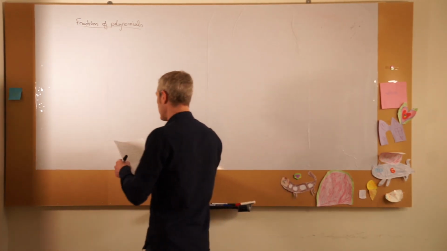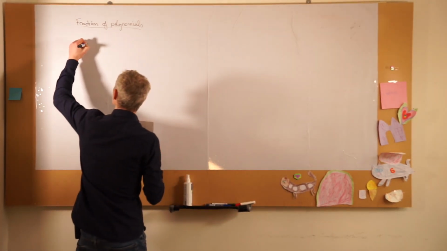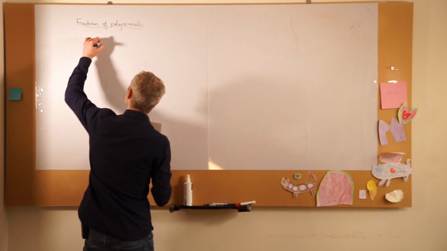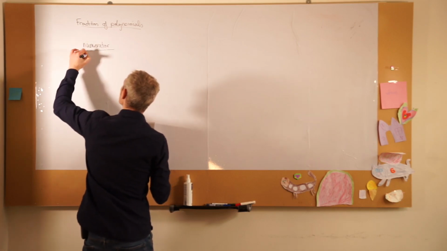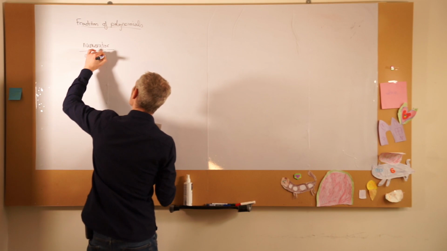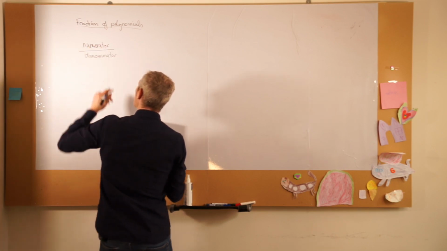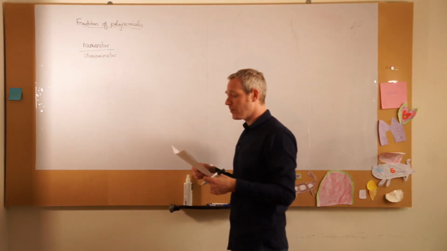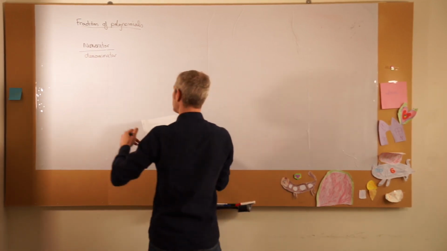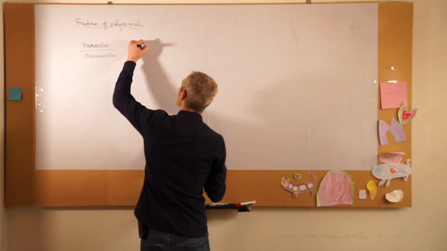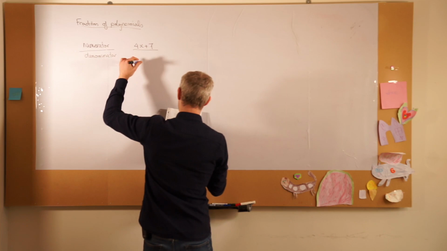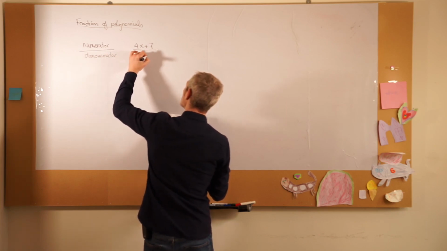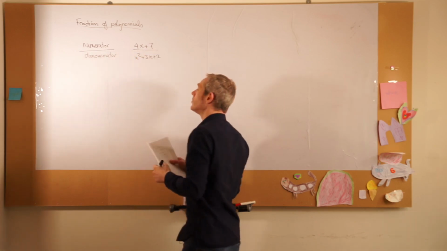So an algebraic fraction has a numerator and a denominator. And in our case, these will both be polynomials. So for example, (4x + 7) over (x squared + 3x + 2).